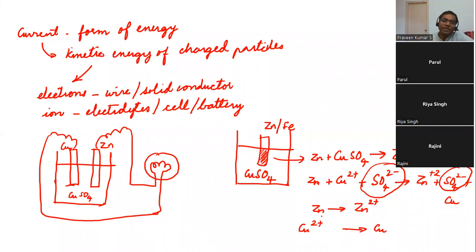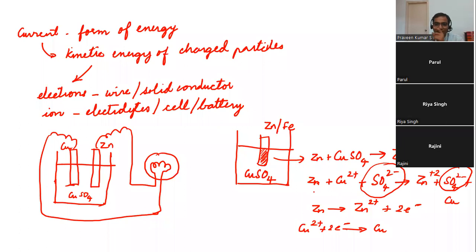Now, if zinc is giving out two electrons, then it becomes Zn2+. Am I right? And copper, if it is taking two electrons, will become Cu, correct?